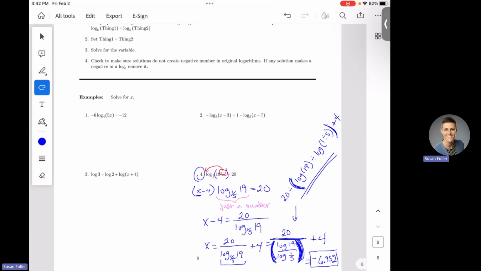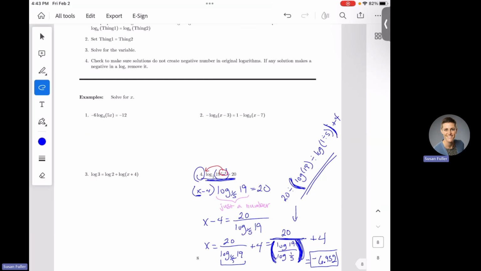And this might tingle your spidey sense a little bit, because today when we were checking our solutions, we had to make sure that our solutions didn't make a negative inside a logarithm, right? So you might say, ooh, negative, that makes me a little nervous. But notice when we put it into our equation to see if it works, we're going to take 19 to the negative 6.9 minus 4 power.